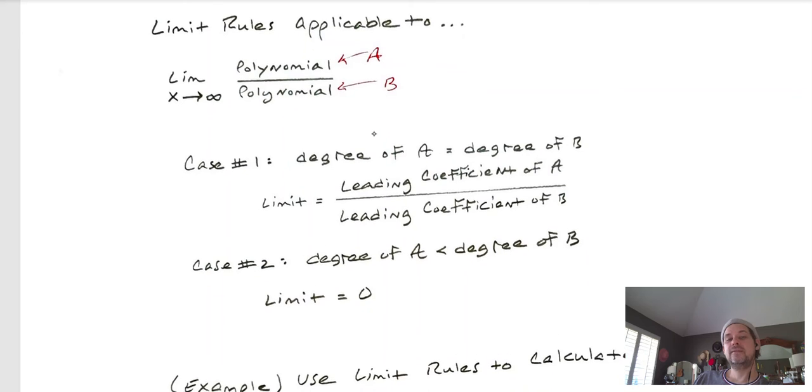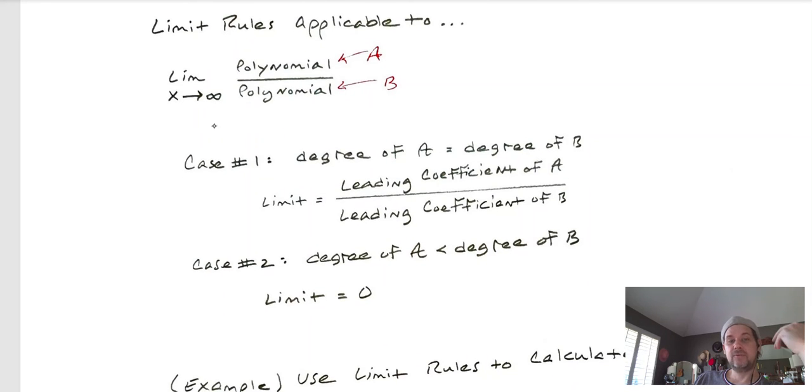There are two cases that we'll talk about for determining the answer to something like this. If the degree, which is the highest exponent, of the top is equal to the degree of the bottom, the limit is the ratio of the leading coefficients of A over B. I'll tell you what a leading coefficient is.